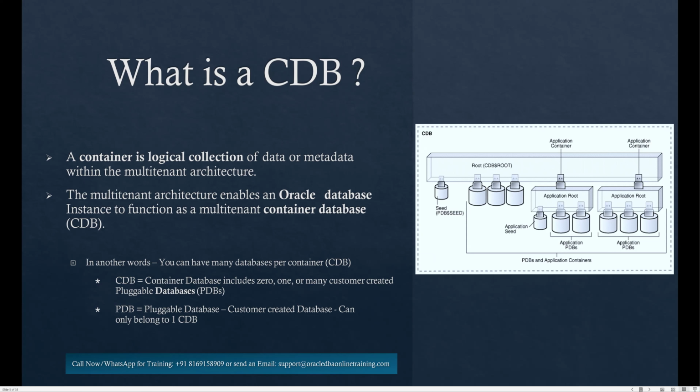They can put a set of data into a particular pluggable database by creating it. Again, these pluggable databases will be part of a single container database. So one CDB can have multiple PDBs, and one PDB belongs to a single container database.